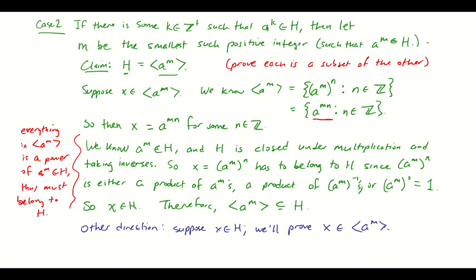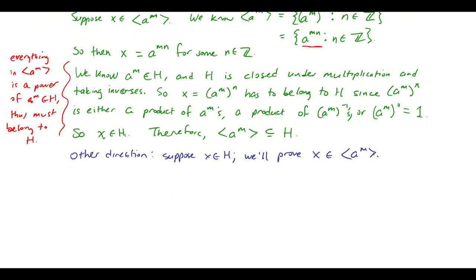All right, so the fact that x belongs to h right now doesn't tell us a whole lot immediately, but since x belongs to h, which is a subgroup of G, we know x belongs to G, and we know that G consists only of powers of a. So since G consists only of powers of a, we know x has to be some power of a.